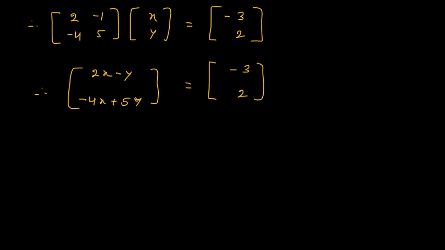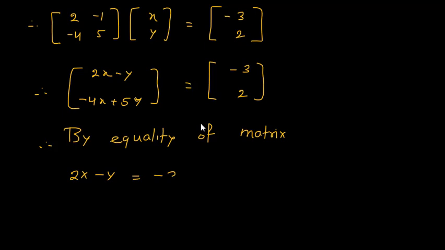So we say that therefore by equality of matrix, 2x minus y is equals to minus 3. This is first equation, and minus 4x plus 5y is equals to 2.